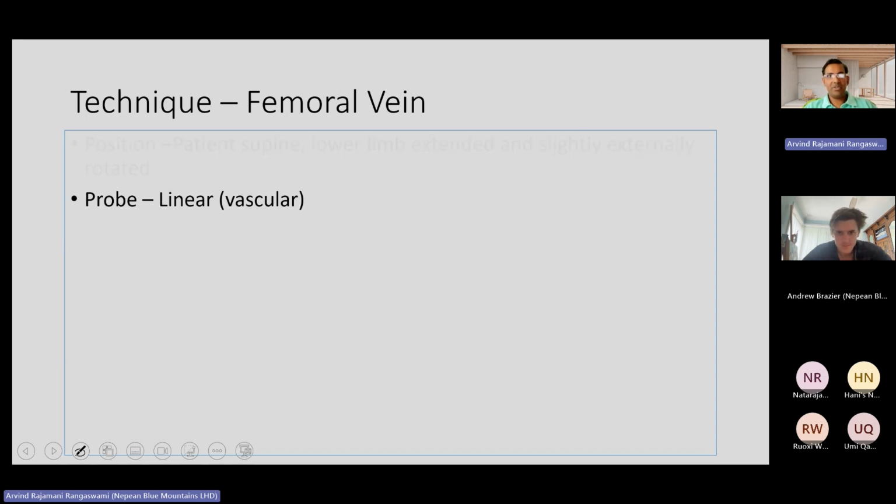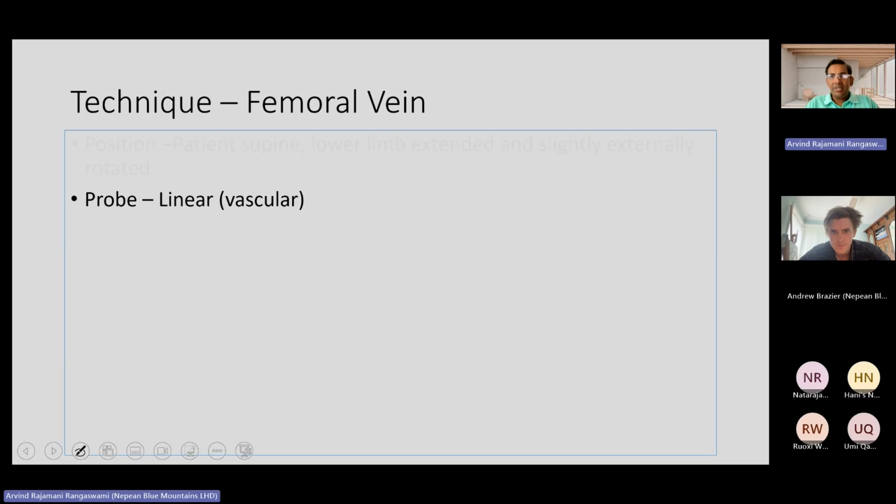until you reach the popliteal fossa. Okay. The probe that you choose is typically the vascular probe or the linear probe, and choose the vascular setting on it. However, if you work at Nepean Hospital with our patient mix, the vascular probe may not be enough.